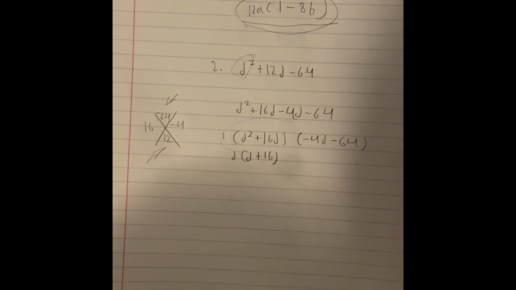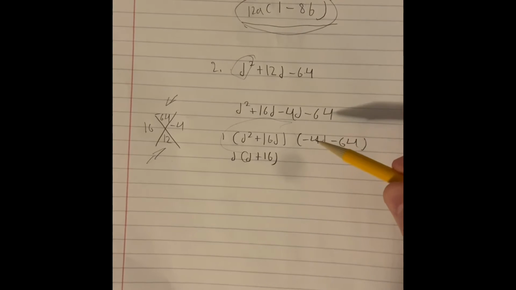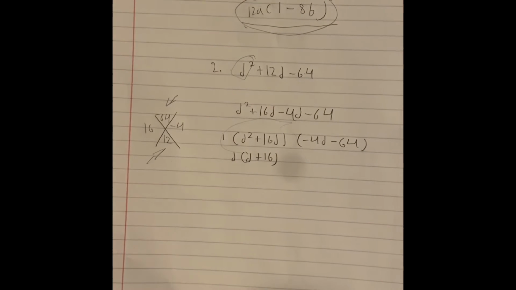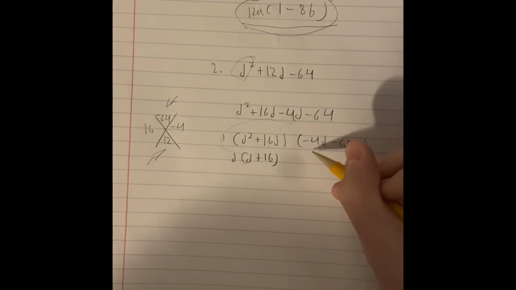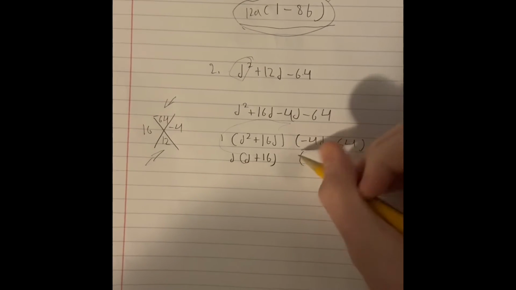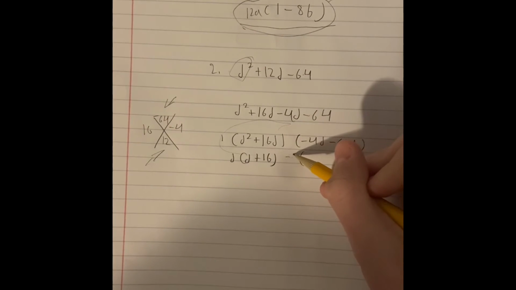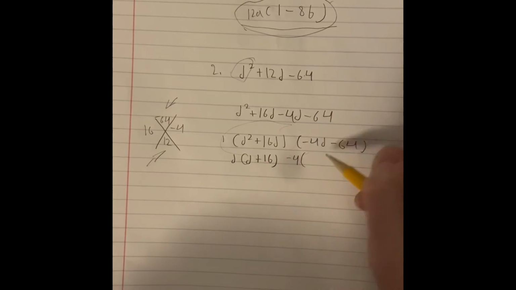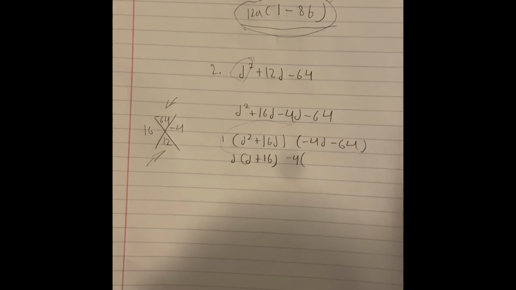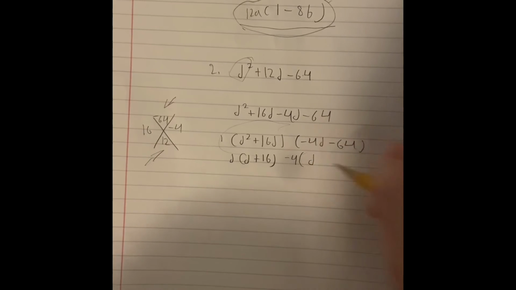All right, now we're going to move over to this one. Negative 4d minus 64. We need to find the greatest common factor for this one. The greatest common factor here is negative 4. Negative 4d divided by negative 4 is d.